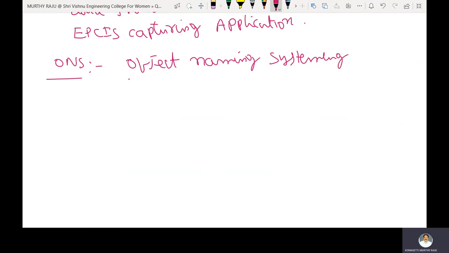Instead of numbers, we use names. Uniform Resource Identifier, Uniform Resource Locator. With the help of these web protocols, identifiers, and application level identifiers, we extract the product information universally. That is called the object naming system.